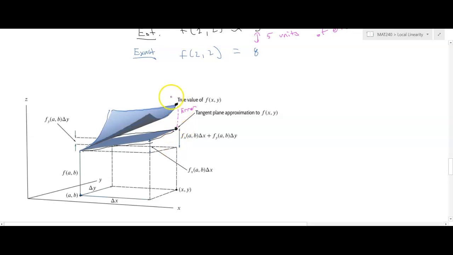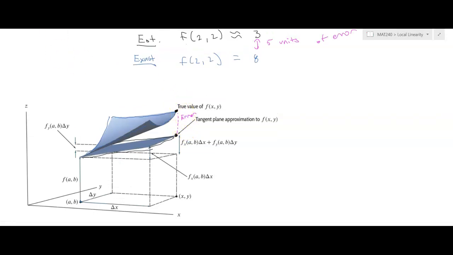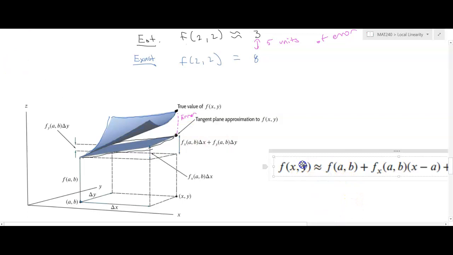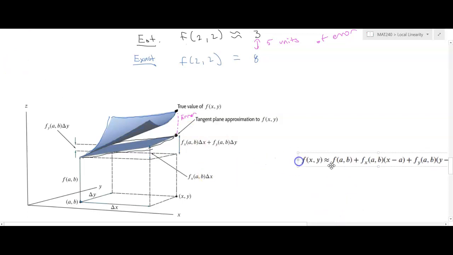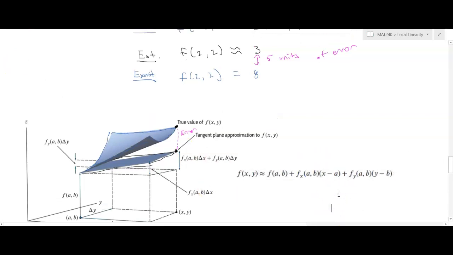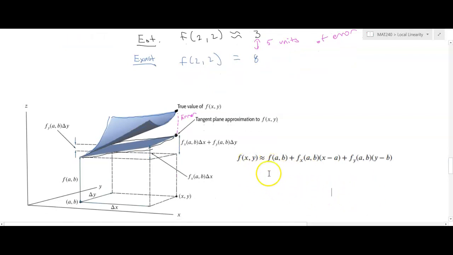Now, how do we write the equation of this plane in terms of what we know so far? Well, we know that the equation of our plane looks like this in the alternative form that we're allowed to list it in.